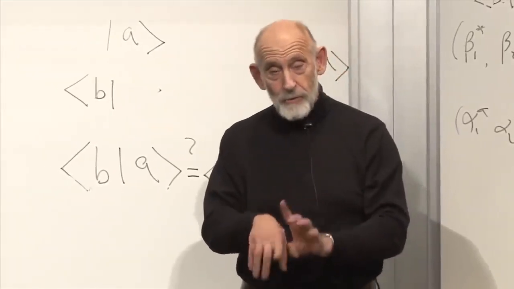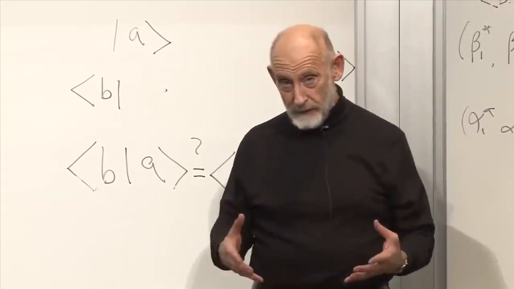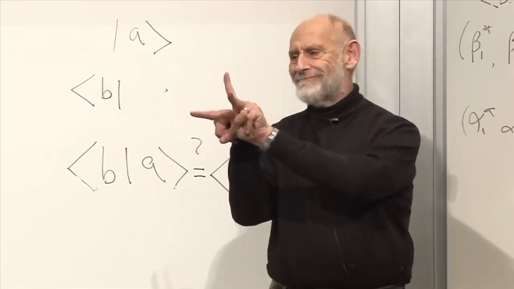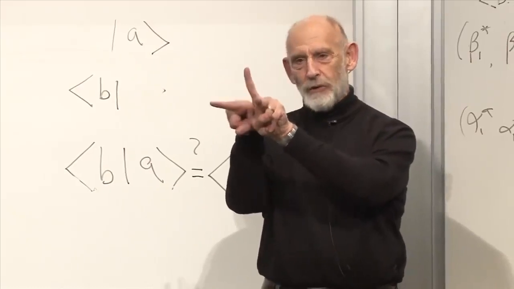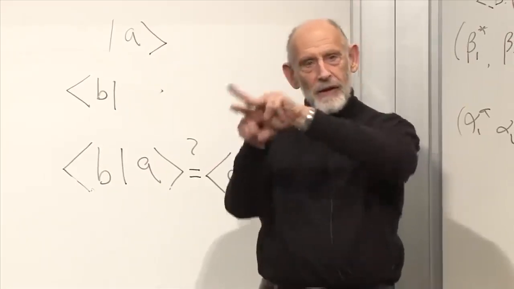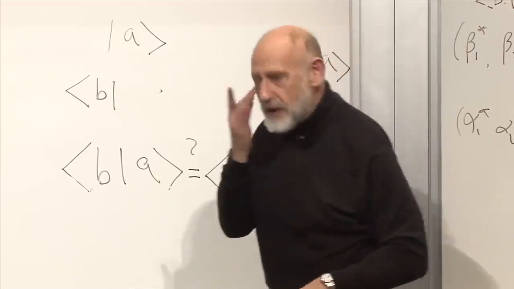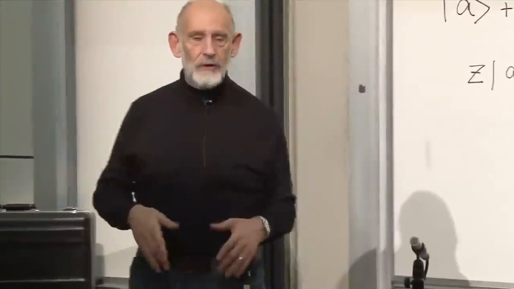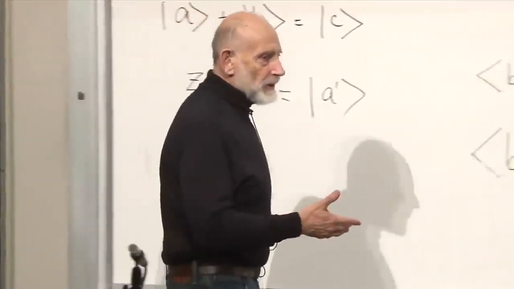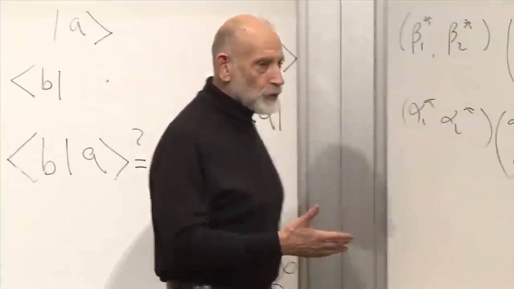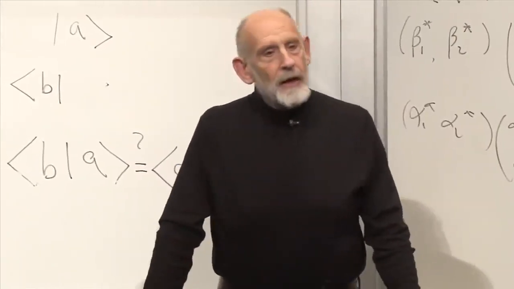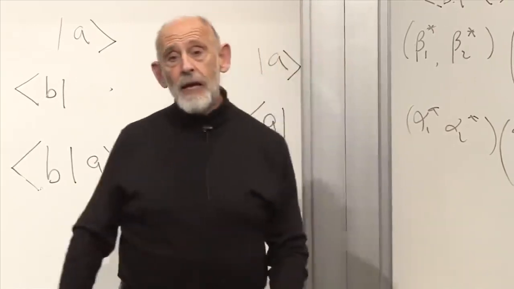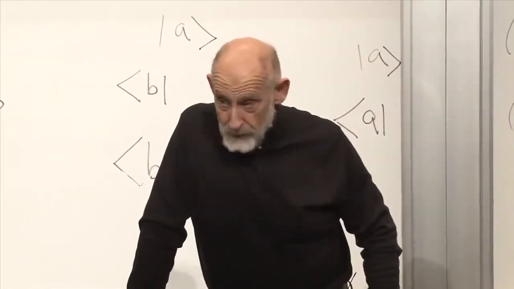So the maximal number of mutually orthogonal vectors in 3 dimensions: I've got 3 mutually orthogonal vectors. Of course, there are many sets of 3 mutually orthogonal vectors, but given 3, I cannot find a 4th one. So a 3-dimensional vector space has a maximal number of 3 mutually orthogonal vectors, and the same definition is true for a complex vector space.